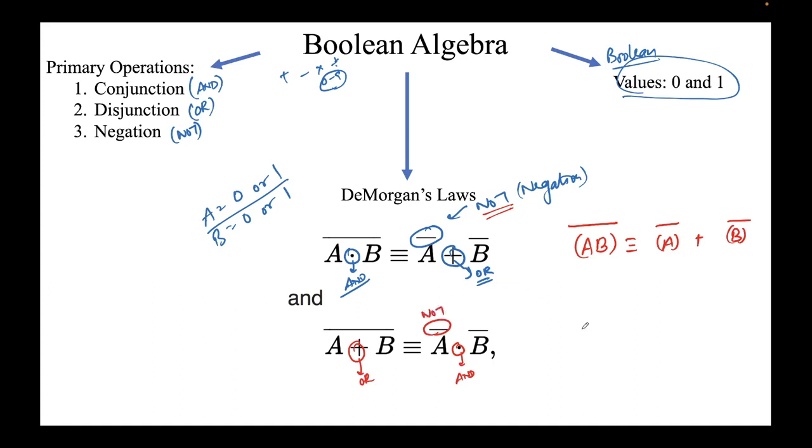The second law says that if you take an OR of A and B and then take a negation of it, this is equivalent to taking the negation of A and the negation of B, and then simply multiplying them, ANDing them. This is the second De Morgan's law.